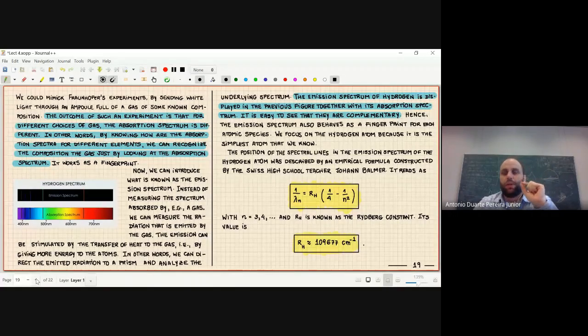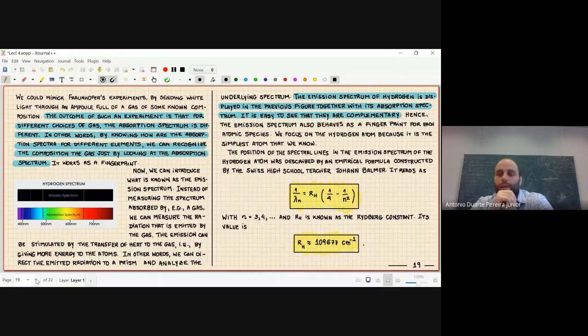Let me repeat. When you pass light through this gas inside a glass tube, some colors will be missing in the spectral decomposition. If you change the gas, other colors will be missing. So the colors that are missing depend on the type of gas that you are inserting in the glass tube.